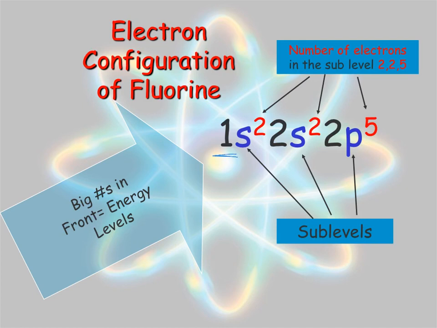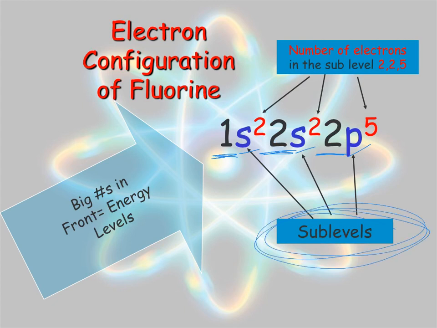These big numbers in front represent the energy level, or the ring, the distance from the nucleus. The letters S, P, D, or F are our orbitals or our sublevels. And the little exponent looking things are our electrons.